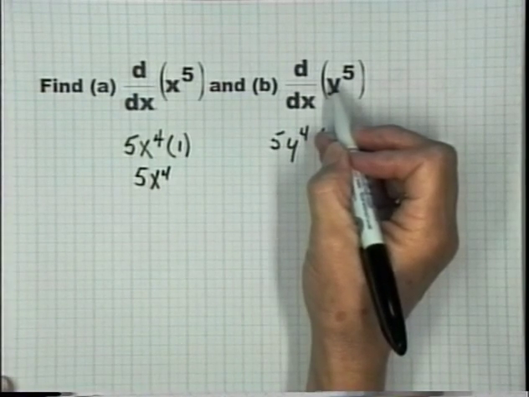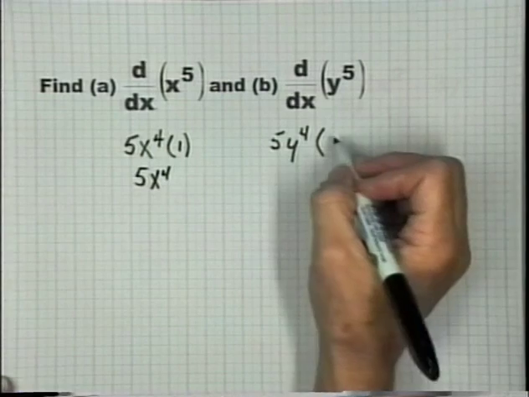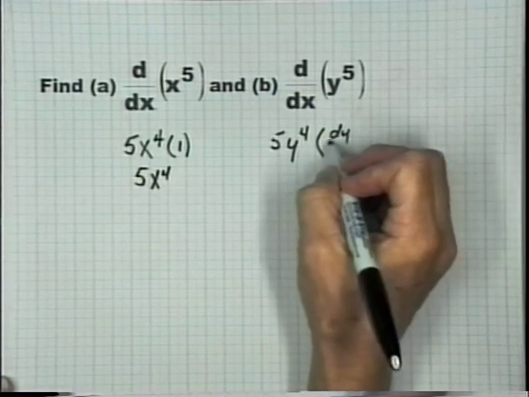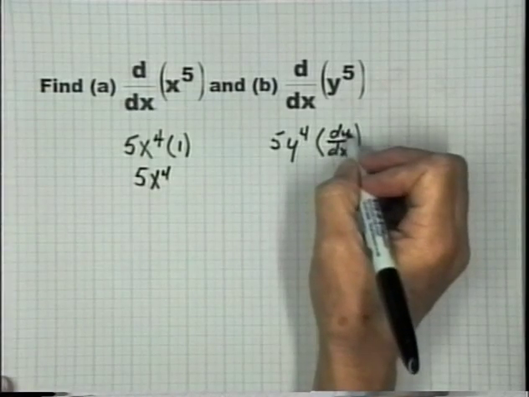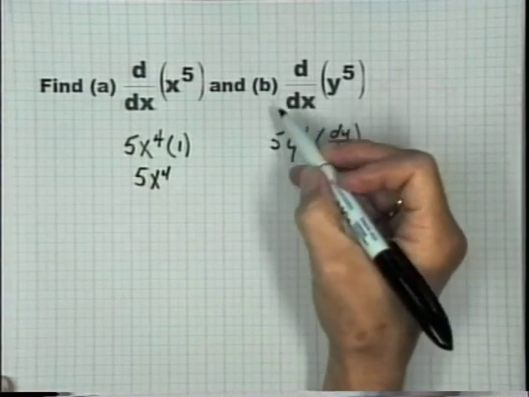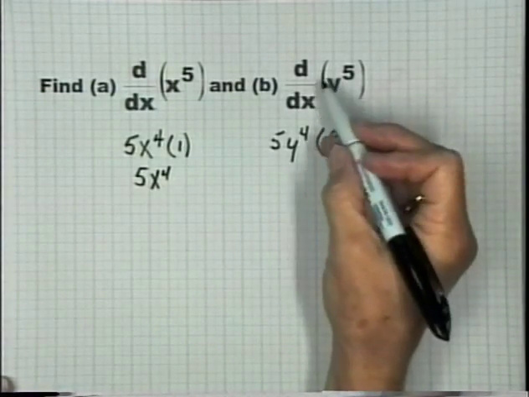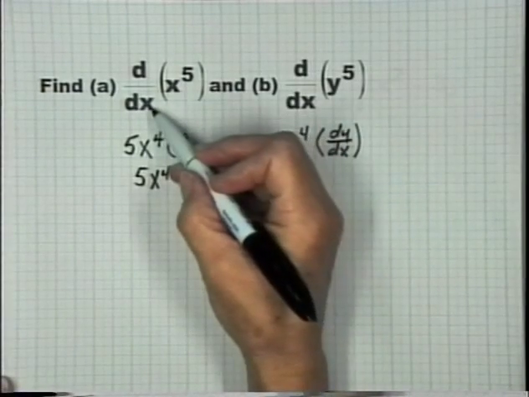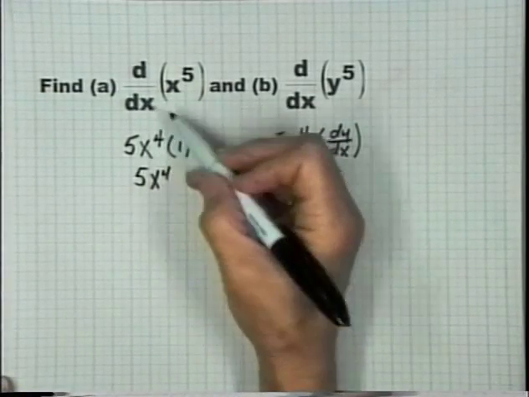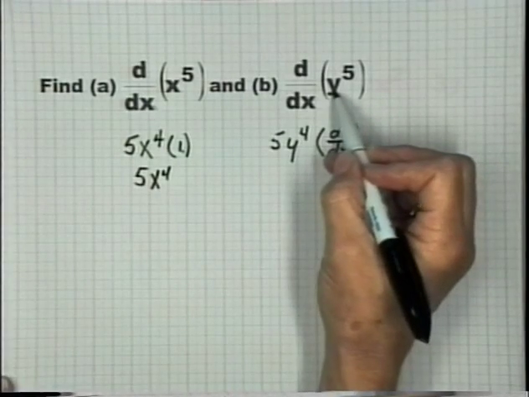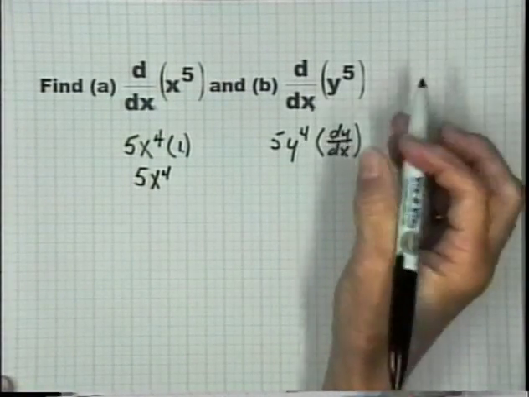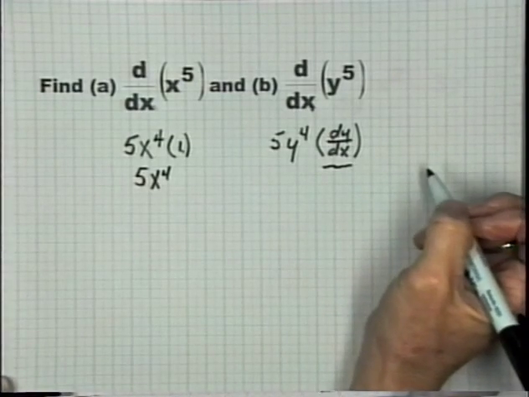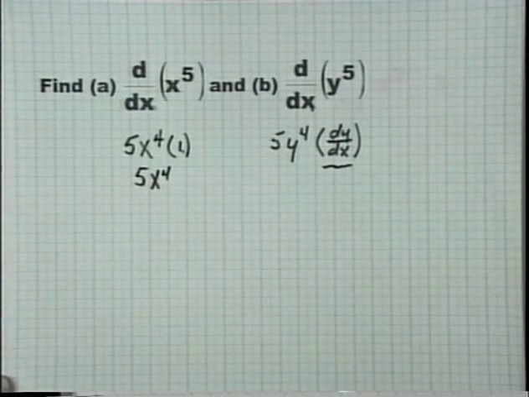I need the derivative of y with respect to x. Well, the way I'm going to indicate that is to put dy dx, the derivative of y with respect to x. I did the power, and then I took the derivative of this thing. Do you see the difference? The derivative of x with respect to x is a 1. But the derivative of y with respect to x we indicate by dy dx. You're going to find this thing creeping into a lot of these problems when we're doing the derivative implicitly.